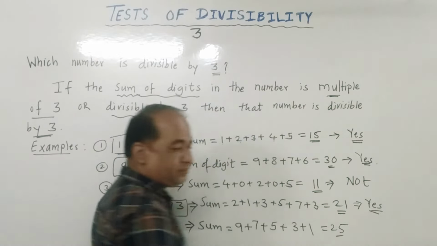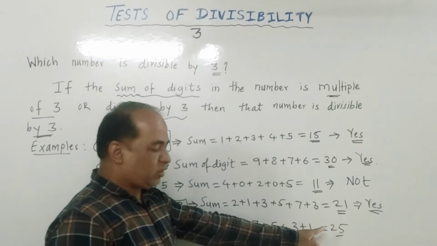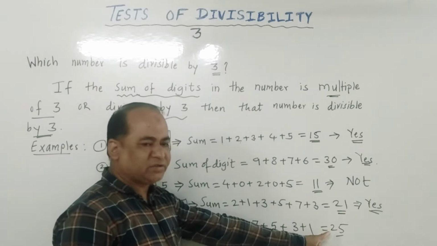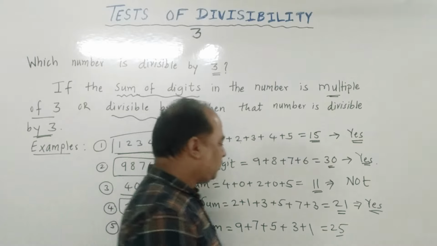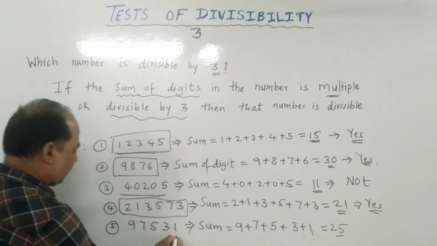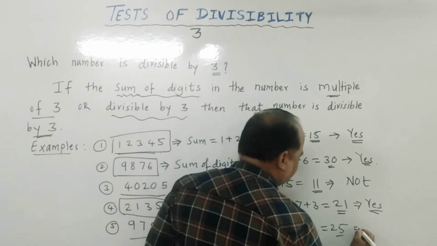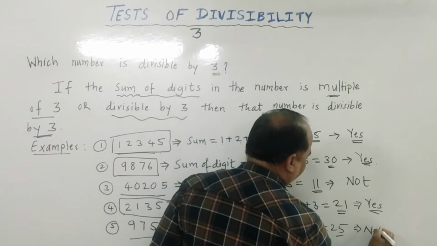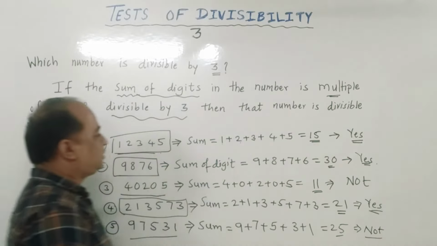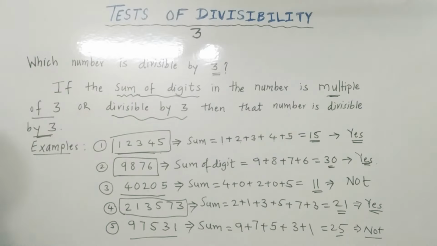Is 25 a multiple of 3? No, 25 is not in the 3 table. So this number 97531 is not divisible by 3. So this was the test of divisibility by 3.